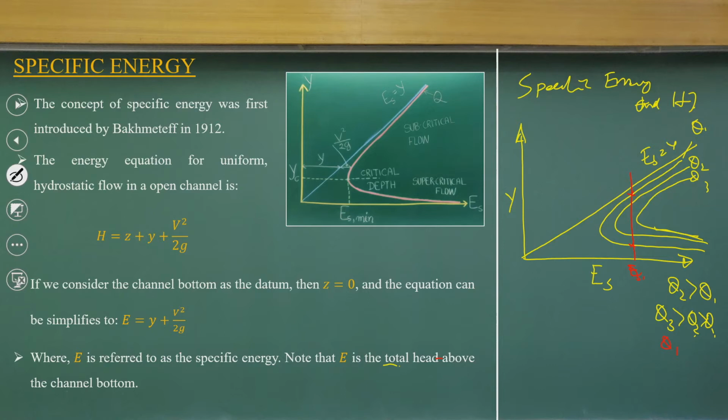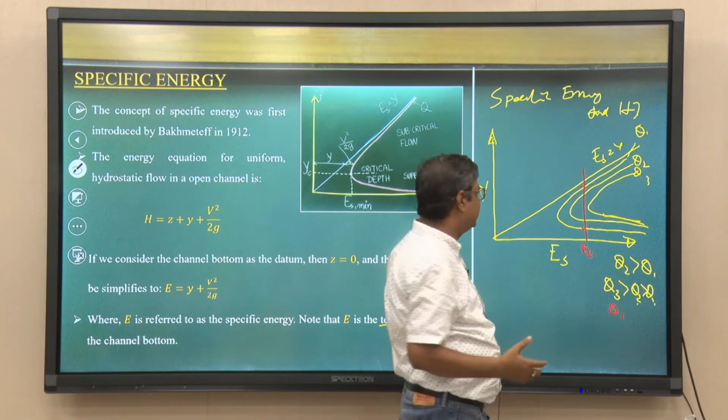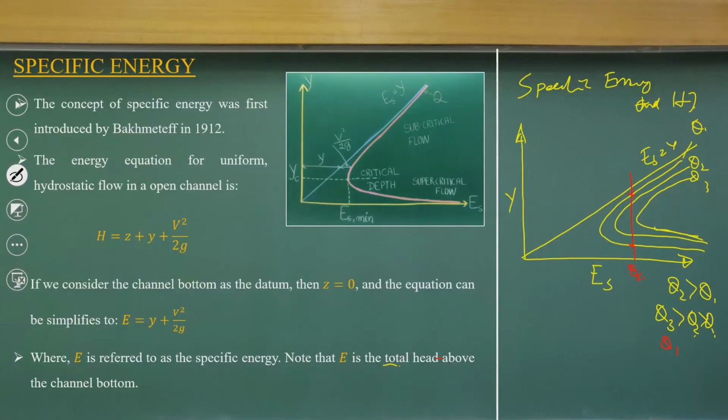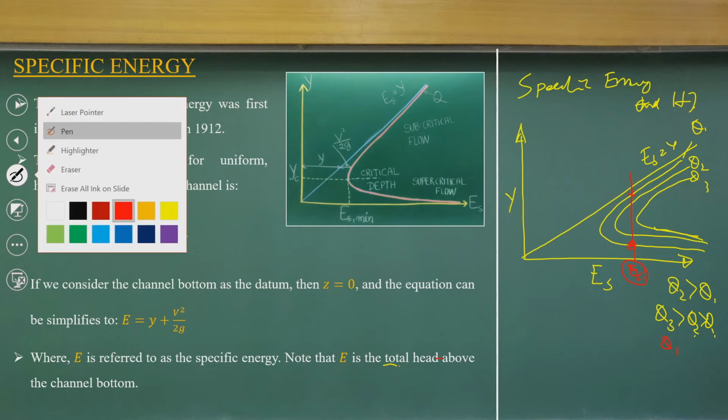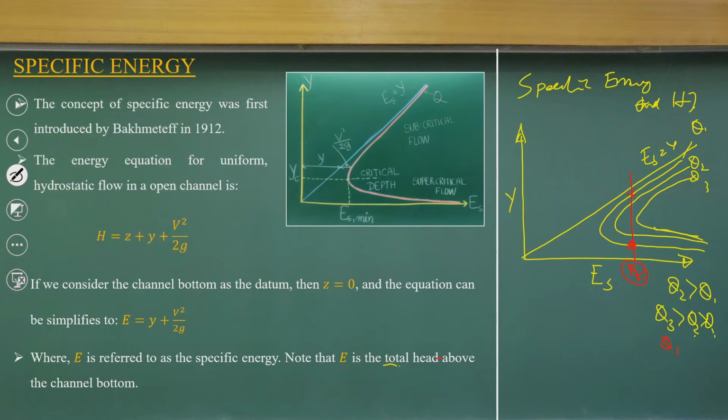But as we said very clearly, the hydraulic jump occurs when the flow goes from supercritical to subcritical, that is, from higher velocity flow to lower velocity flow. So I have the upstream specific energy ES1, and being a condition for hydraulic jump formation, the point lies here.